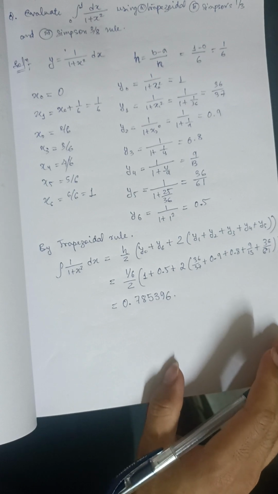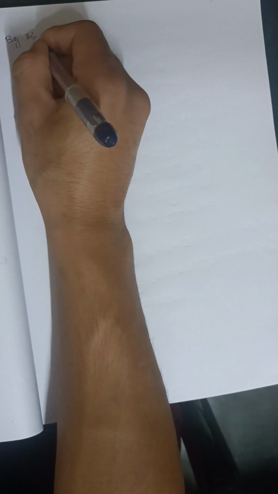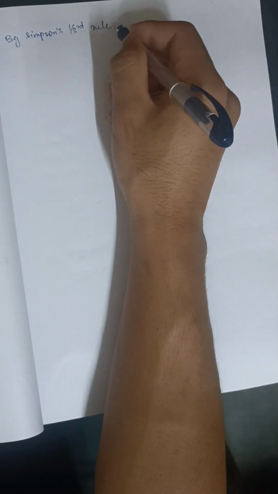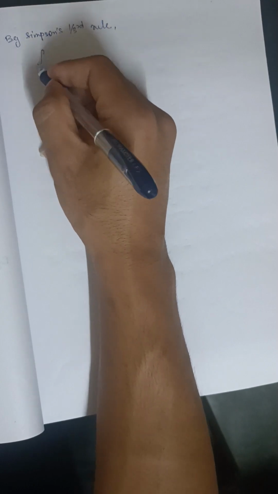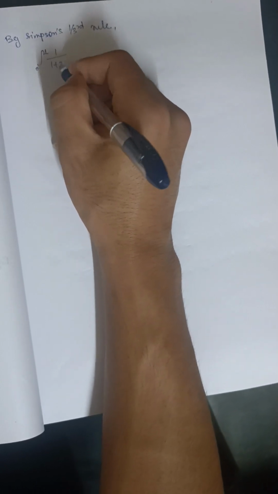Now let's do it with another formula, that is Simpson's 1/3 rule. So we have here the integration of 1 upon 1 plus x squared dx.